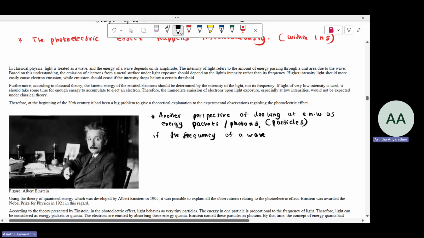If the frequency of a wave is f, the energy of a photon is hf, where h is the Planck constant and f is the frequency of the wave.